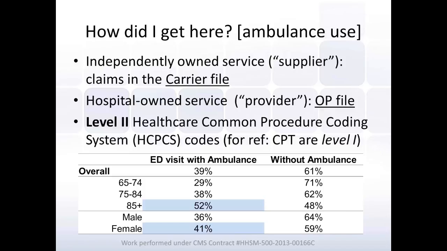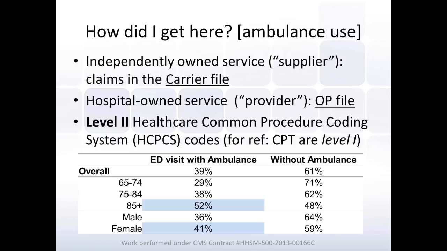To find these services, we need to look at Level 2 HCPCS codes. If you're unfamiliar with the larger Healthcare Common Procedure Coding system, there are two levels. Level 1 is comprised of CPT codes. Level 2 is comprised of some of these other non-CPT code categories, such as ambulance services.